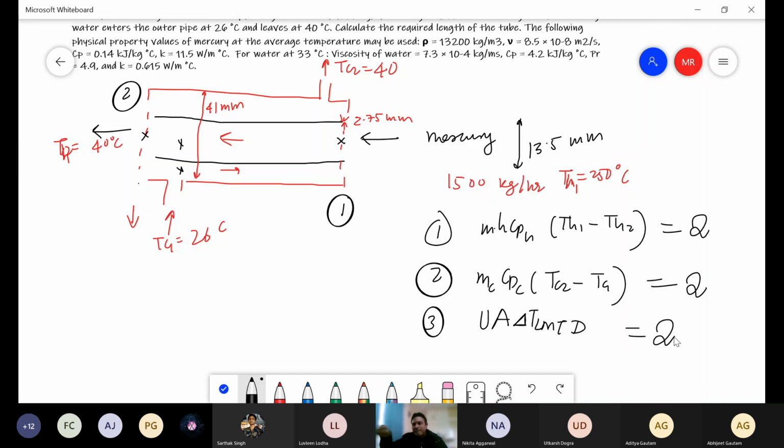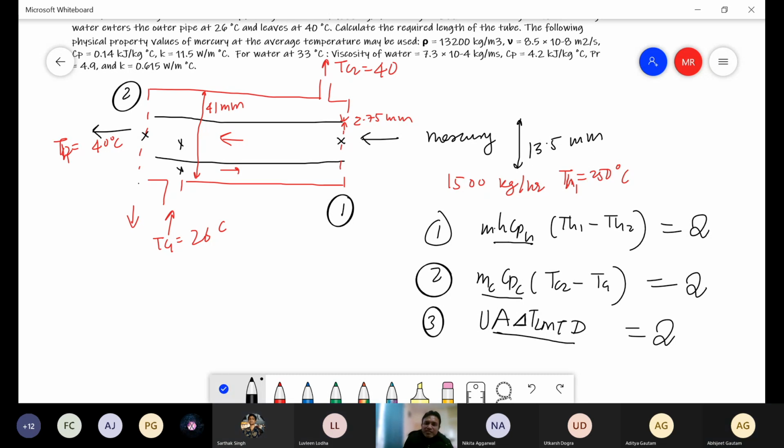Do you all agree? The amount of heat lost by the hot fluid is the same as the amount of heat gained by the cold fluid, and this is nothing but the amount of heat transferred between these two. All three give me the same Q.